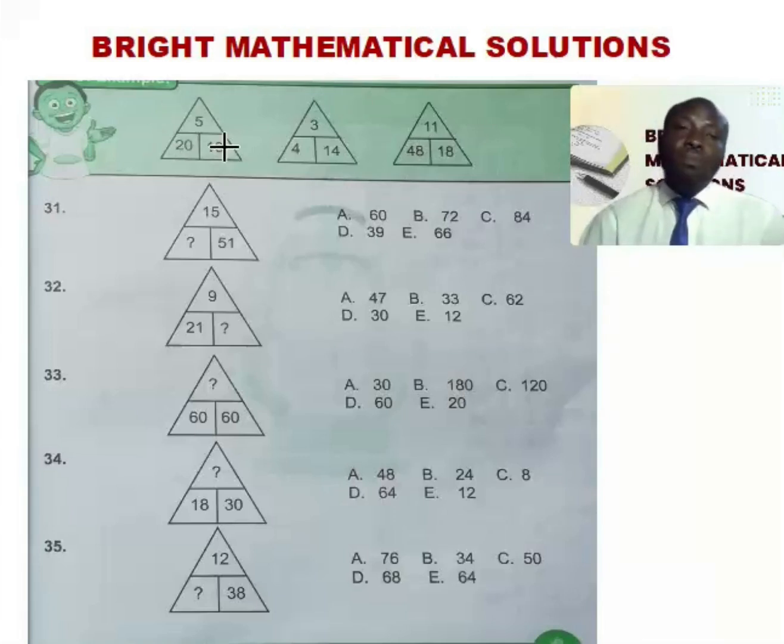Now, this is 5. So what is the operation? Look at this triangle. This triangle naturally has 3 sides, 3 edges: 1, 2, 3. Now, this drawing that is in between has a role to play in determining the operation that happens here.